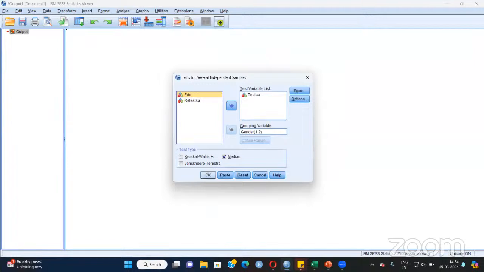This dependent variable is called the test variable. You have to select the test variable there, and next is the grouping variable. Here I have selected gender as the grouping variable, 1 and 2. After that, you click the median.